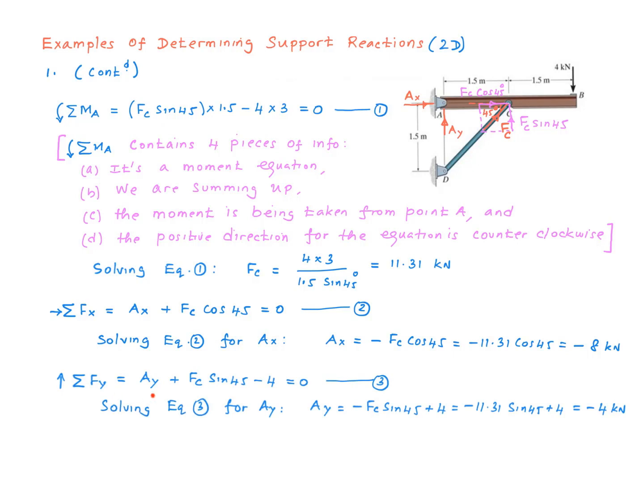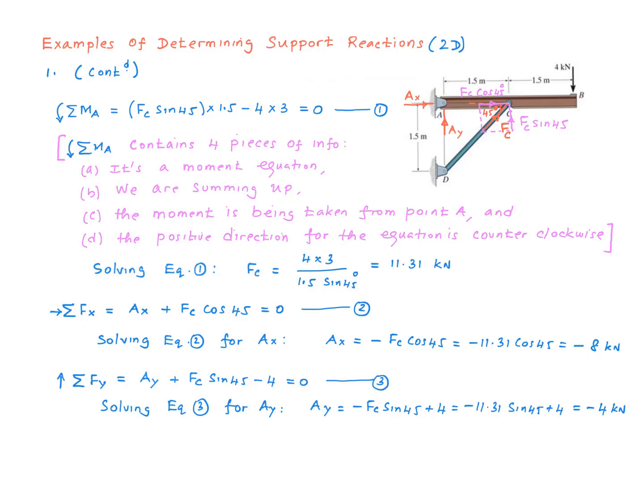Now I use the vertical force equation, and in that equation I have AY, which is going vertically up, FC sine 45, which is going vertically up. So these two are going to be positive terms in my equation because I have chosen this vertically upward direction as the positive direction for this force equation. We have 4 kilonewton going down, and therefore that's going to be a minus 4 term in that equation.